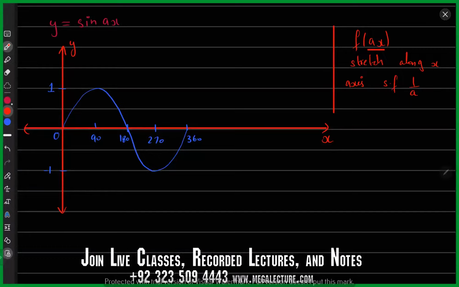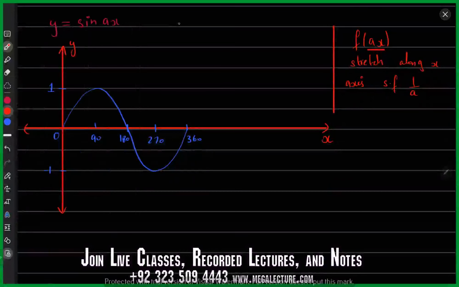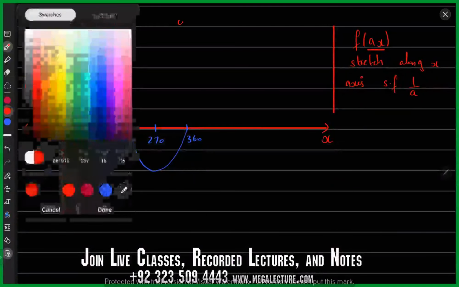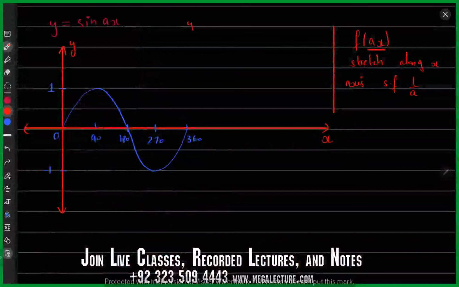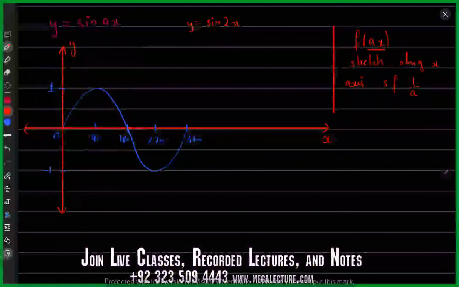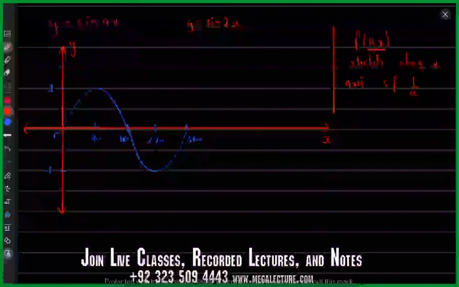So if I say that I want to talk about the graph of y equals sine of 2x, how is the graph going to be?